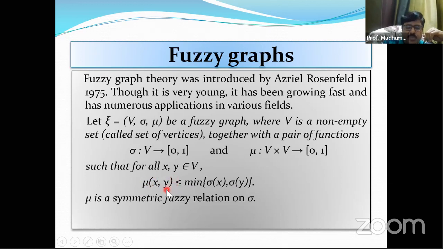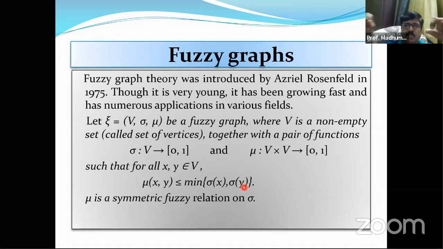Mu of xy, the membership value of the edge xy, is less than or equal to the minimum of sigma x and sigma y. Sigma x is the degree of membership of the vertex x, and sigma y is the degree of membership of the vertex y. So xy is an edge, and x and y are the end vertices.